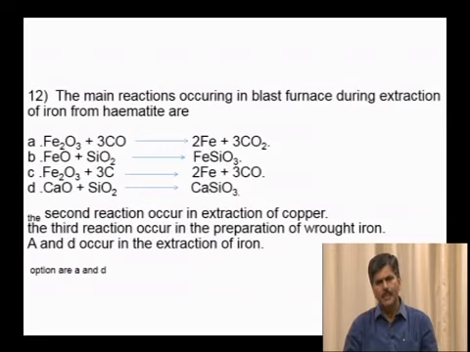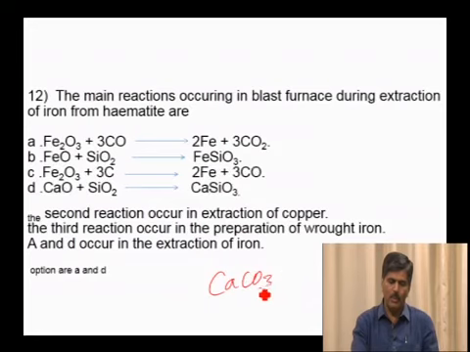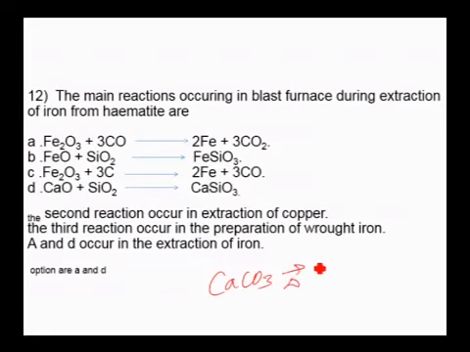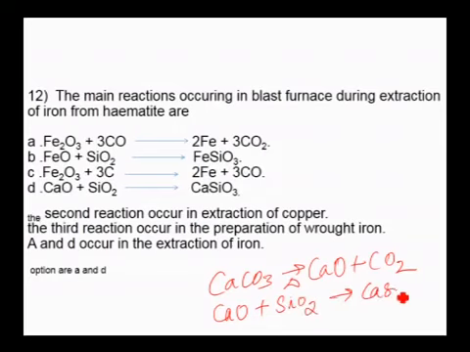In the next zone, the slag formation zone, two reactions take place. The first reaction is CaCO3 decomposing on heating to CaO plus CO2. The CaO acts as a basic flux and combines with SiO2 giving rise to CaSiO3.